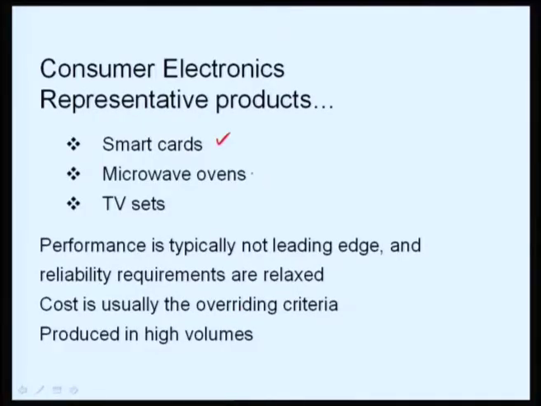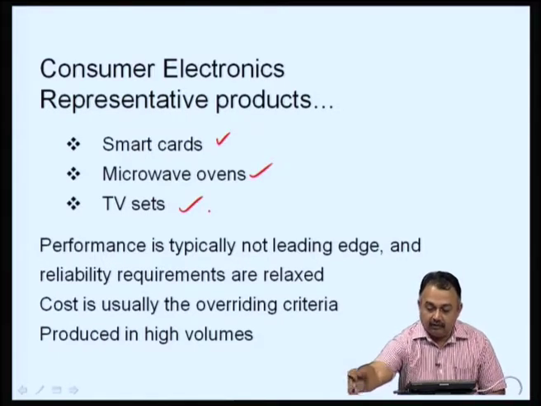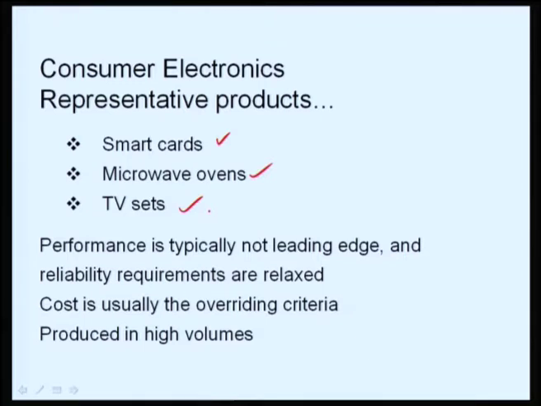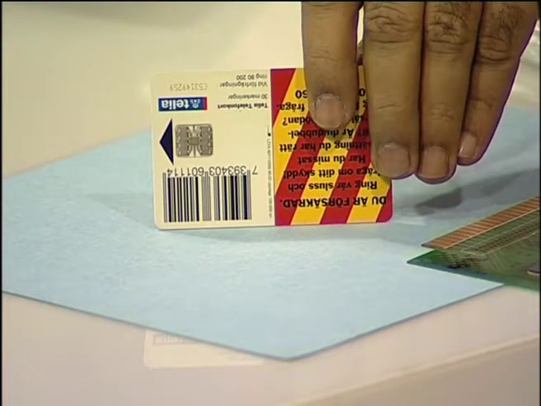Other products include smart cards, microwave ovens, TV sets and so on. For example, I will show you a smart card here. This is a smart card and you can see a device here.